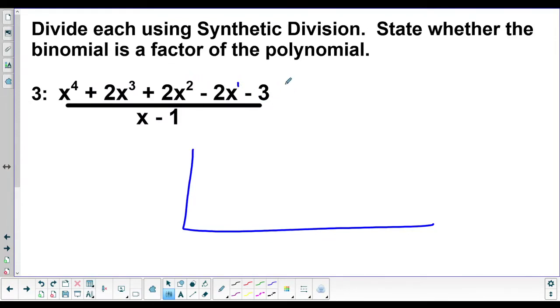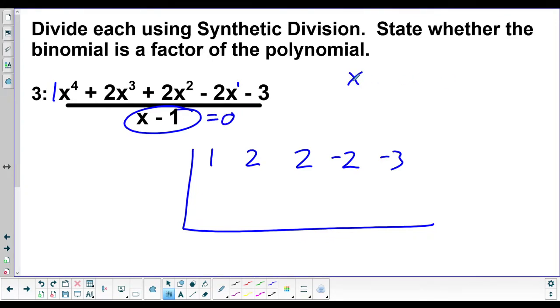They're all there and they're in order. Write your coefficients. Invisible 1, 2, 2, negative 2, negative 3. Solve the bottom for x. So x minus 1 equals 0. Add 1.